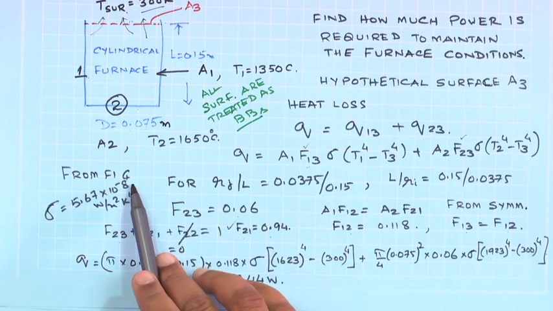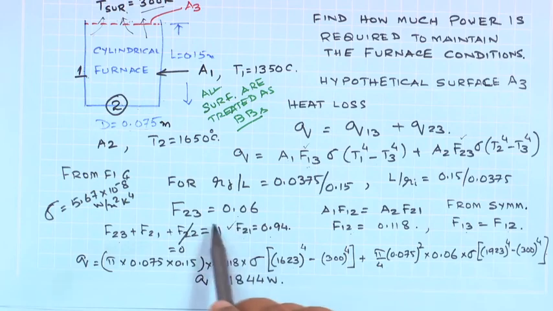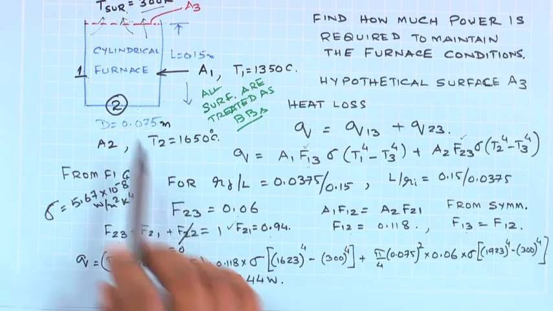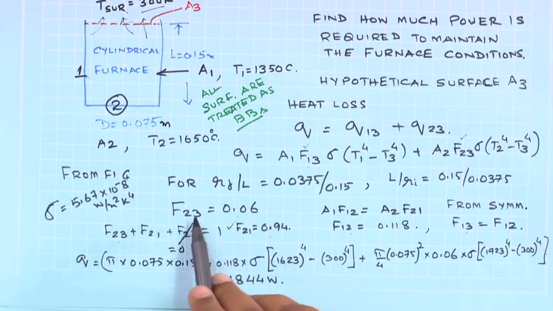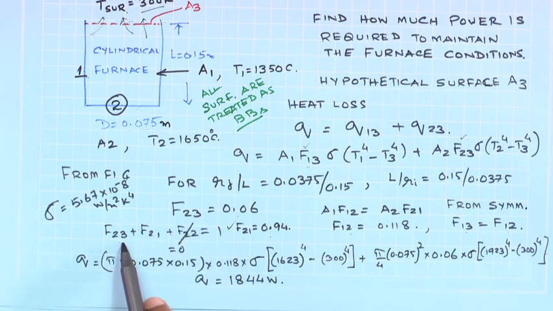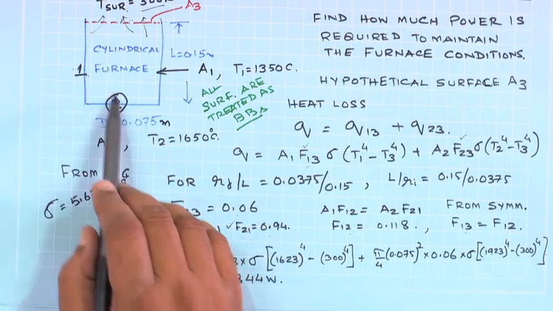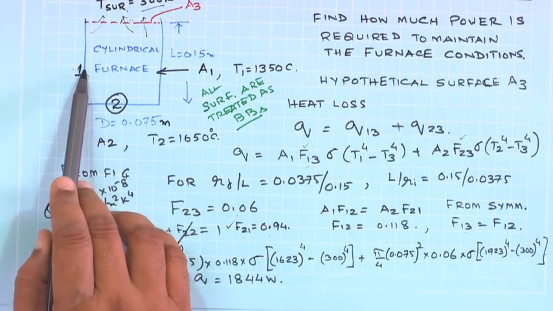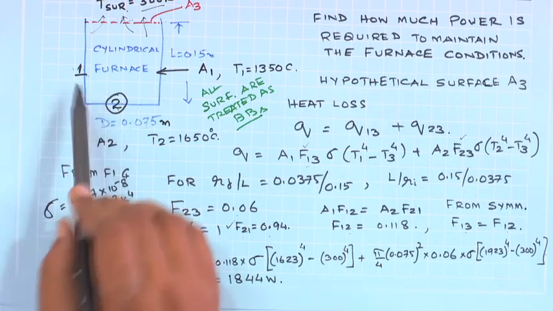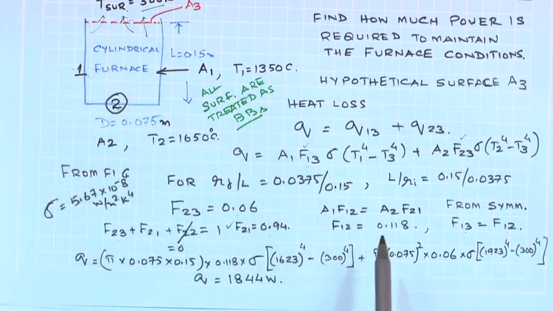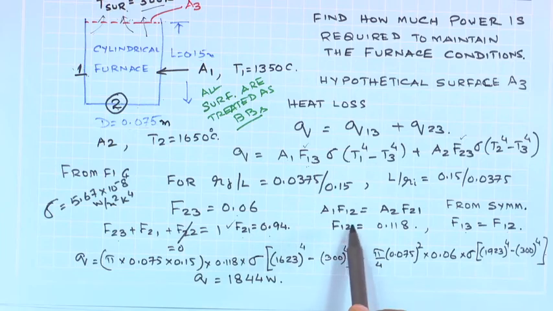Then from the figure of view factors, you calculate F23, 2 to 3, and once you have F23, using the summation relation, you can find out F21, because that is going to be important. Not only F21, F12 is also going to be important, and F13 as well.